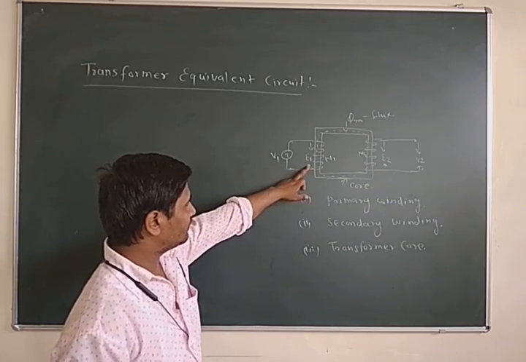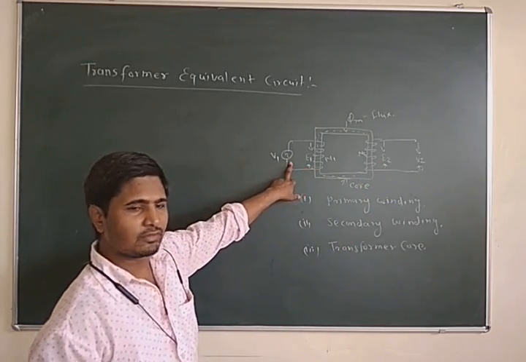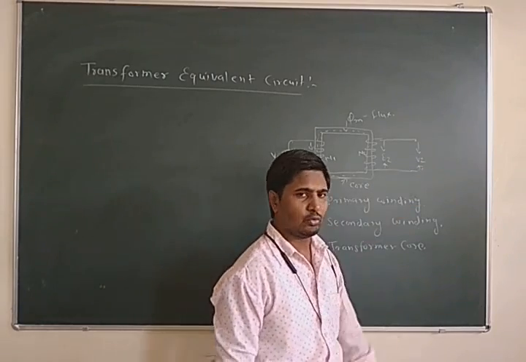Now, the primary winding is connected to the AC source, and the secondary is connected to the load side.